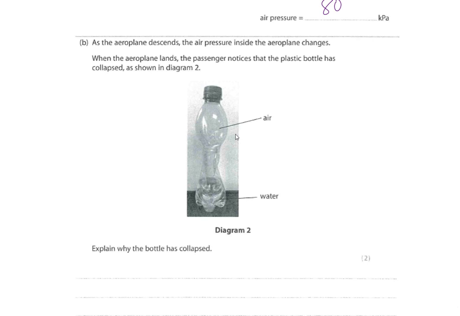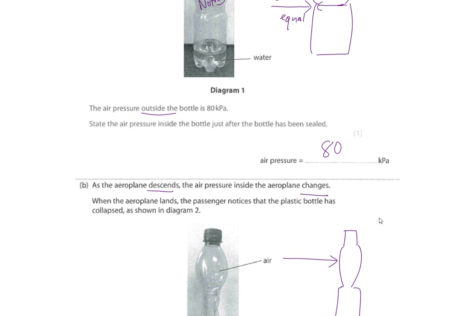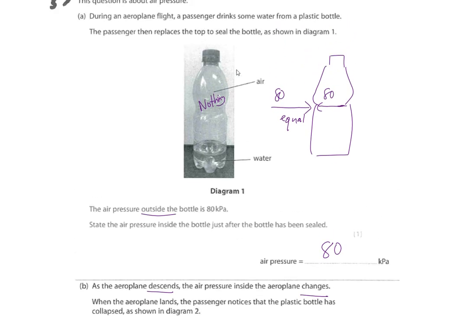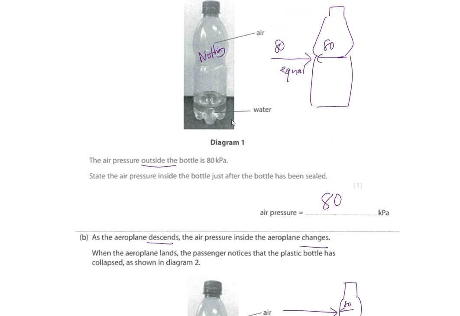The airplane descends, the air pressure changes, the plane lands, and notice this happened. Now why did this happen? Why is it like this? Look at this. Before it's sealed up, the pressure inside was 80 kilopascal, because we know this from the question there.